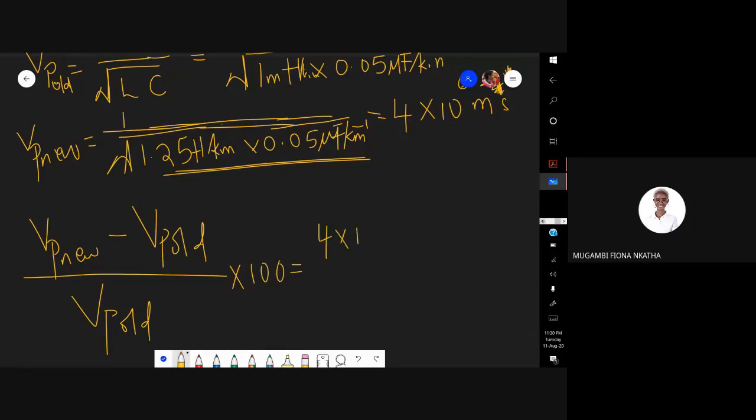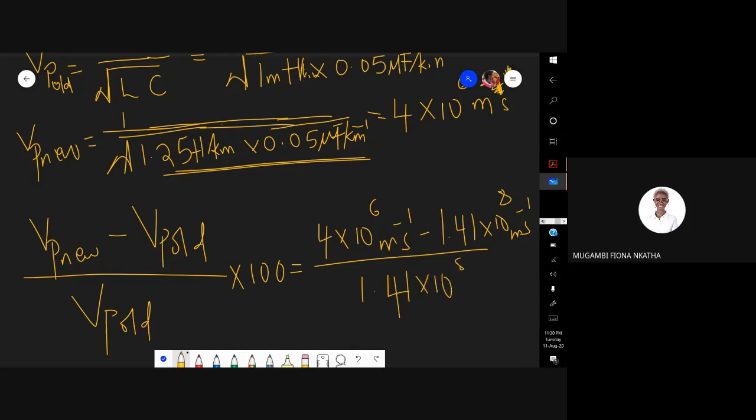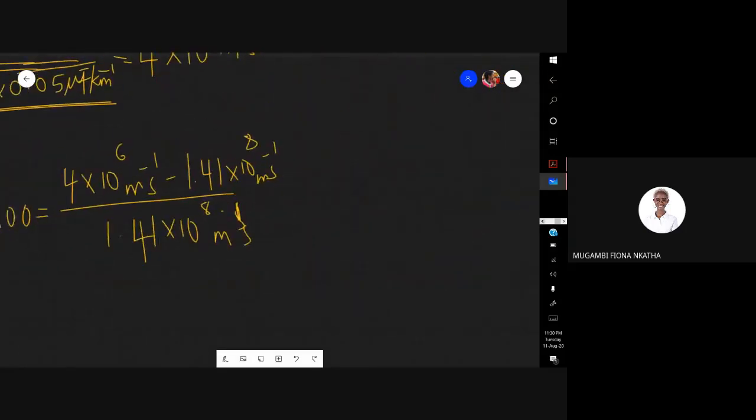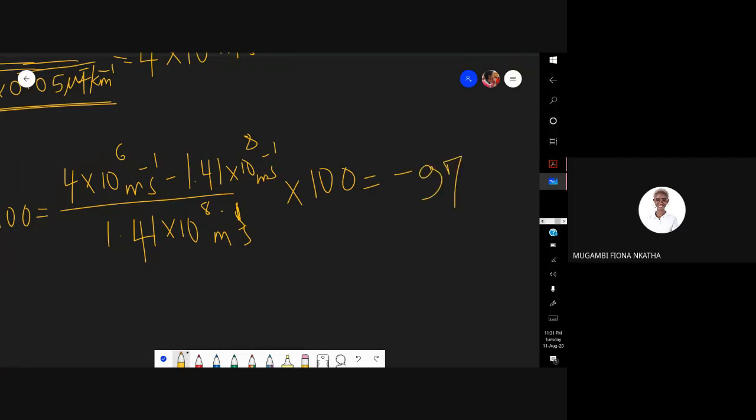So it's 4 times 10 to the power 6 meters per second minus 1.41 times 10 to the power 8 meters per second, over 1.41 times 10 to the power 8 meters per second, times 100. So we are going to get negative 97.16%.